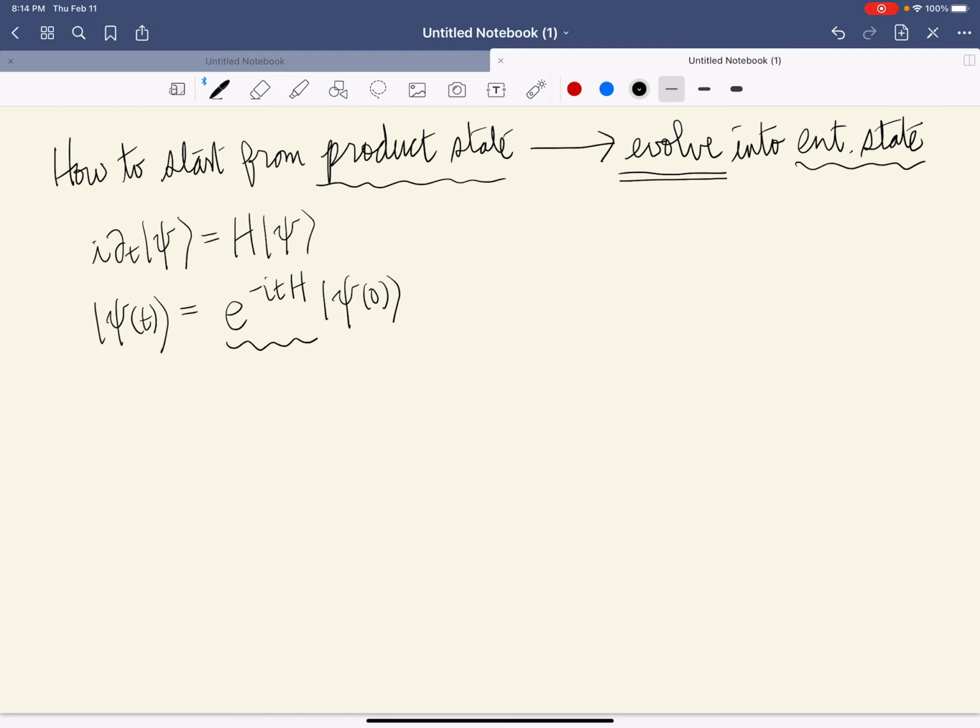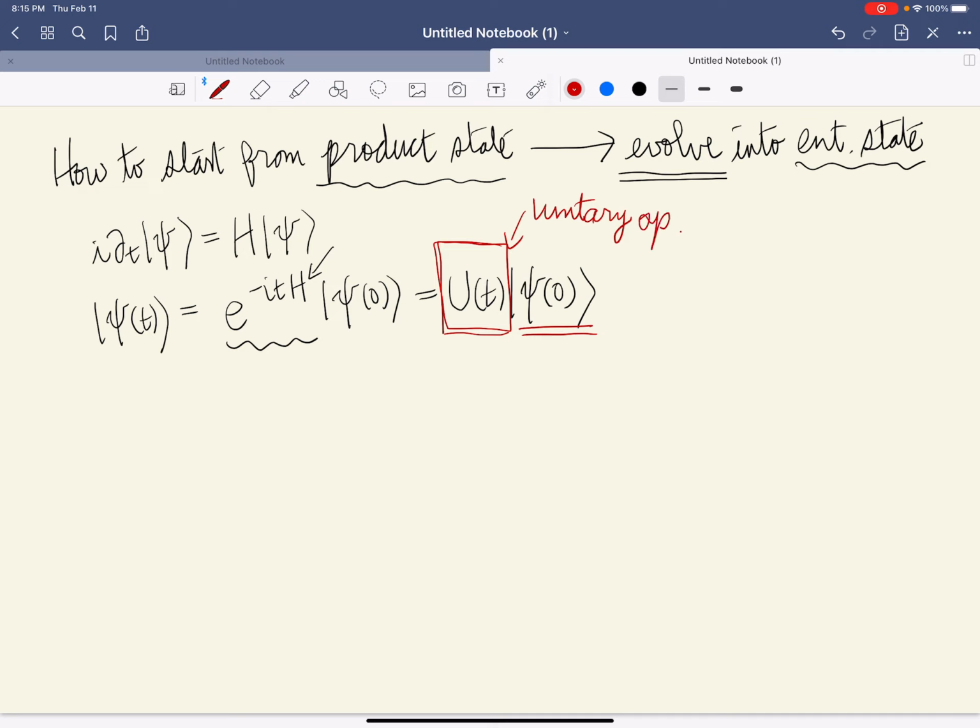And actually, this Hermitian operator raised to an exponential form is a unitary operator. Okay, so the evolution of a quantum state occurs by means of multiplying or acting with some kind of unitary operator on a given quantum state.